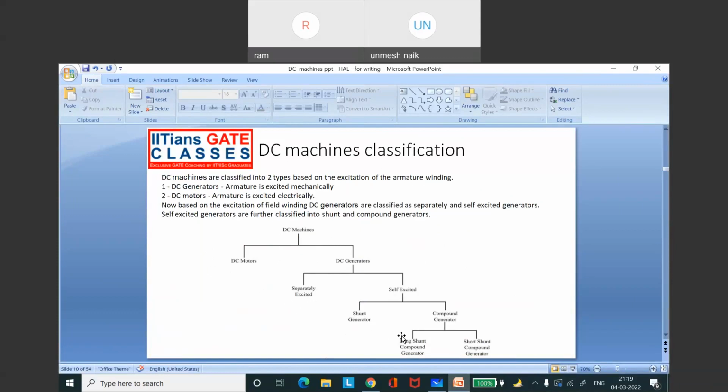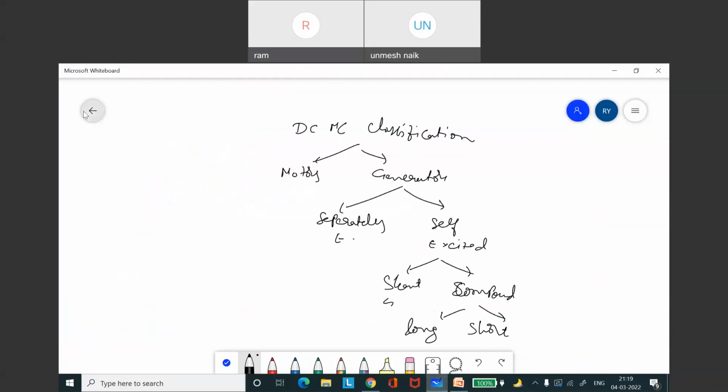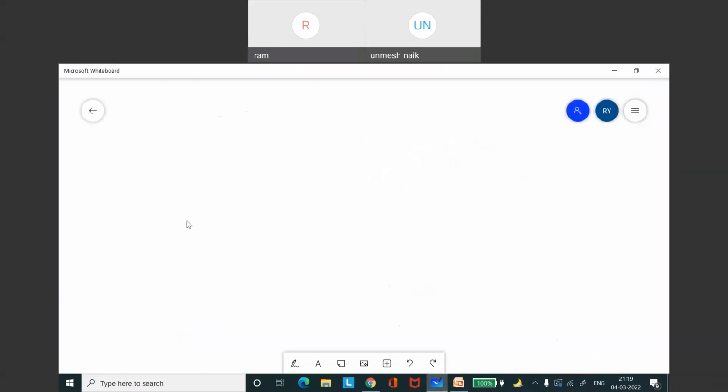I will be explaining each type of generator. Clear? Yes, sir. Clear. First we'll start with the separately excited DC generator.